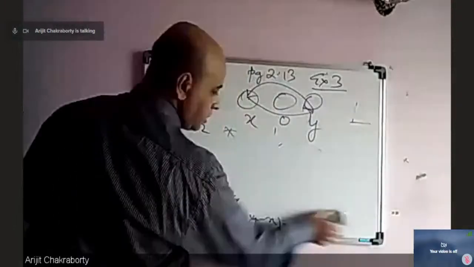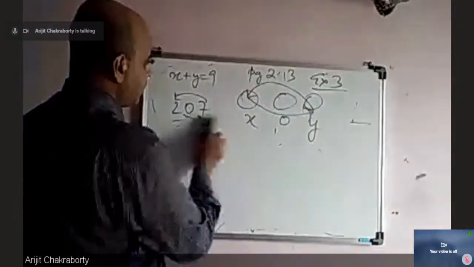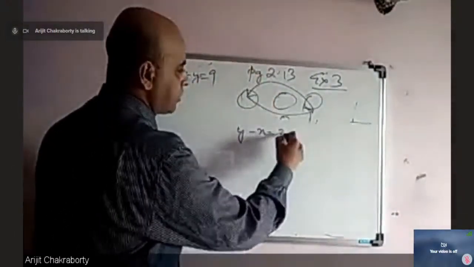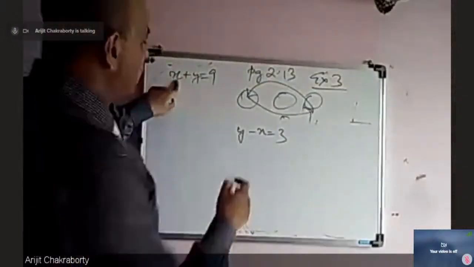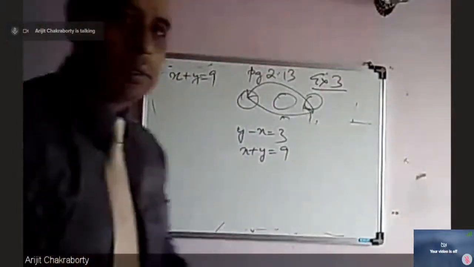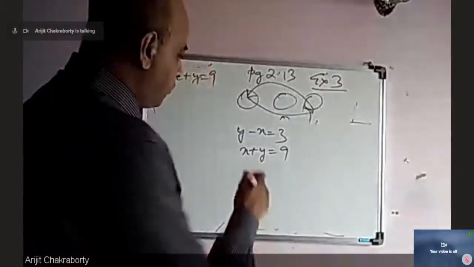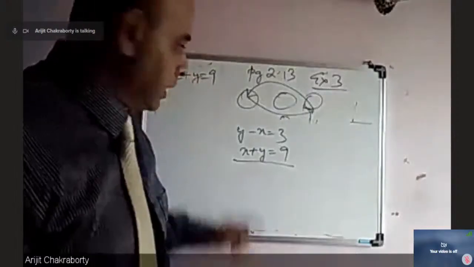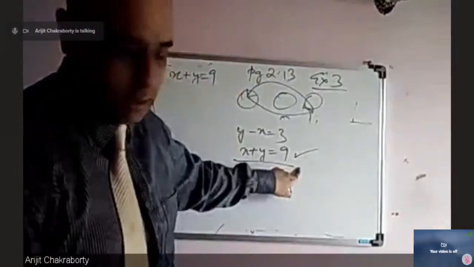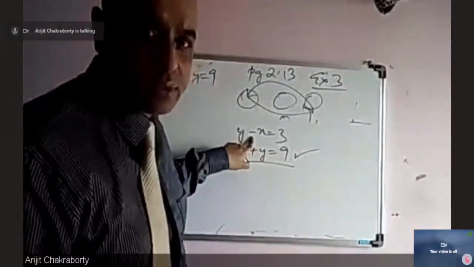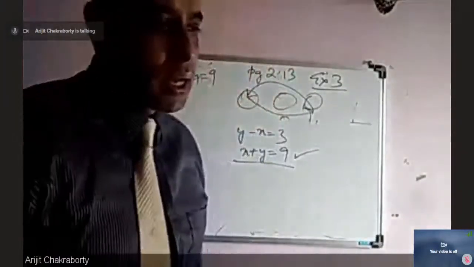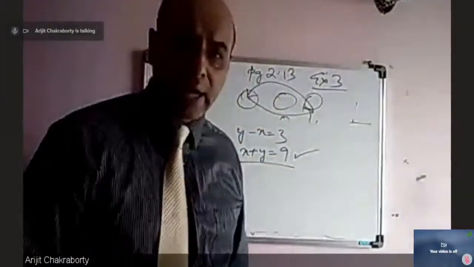So we will now work with these two equations. Y minus x equal to 3. We already had the equation x plus y equal to 9. Okay. So therefore, this one was given in the problem, and this is something we have derived just now. Y minus x equal to 3 and x plus y equal to 9.